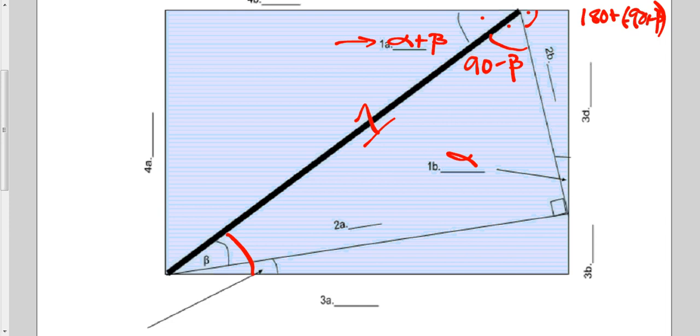So what's this leave me if I simplify this? Isn't this 90 plus beta? 180 minus the quantity 90 minus beta? Isn't that just 90 plus beta? And then I've still got to subtract this angle, right?